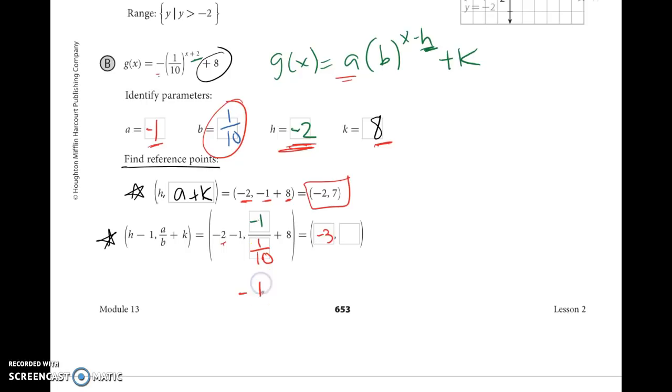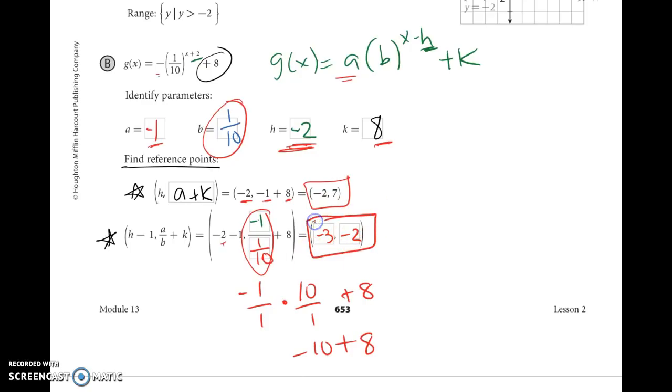So -1 over 1 times 10 over 1 is how I would simplify this, and then I have to add 8. So -10 plus 8 is how I get -2. These are the 2 points that I'm going to graph: -2, comma, 7 and -3, comma, -2.